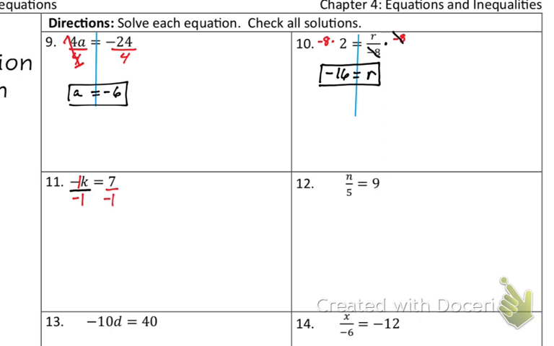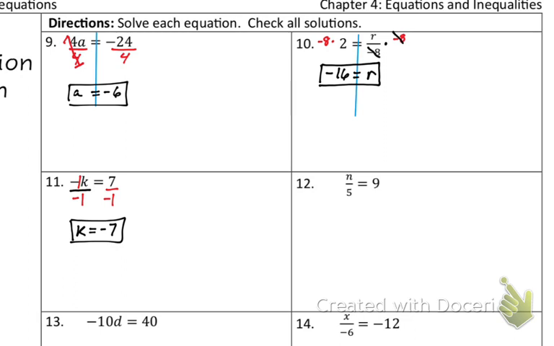What's a negative divided by a negative? A positive. So we're going to have a positive k. And 7 divided by 1 is 1, but 7 divided by negative 1 is a negative 7. So we have k equals negative 7. So if there's ever just a negative in front of there, you're going to make the other side negative by dividing by a negative 1.